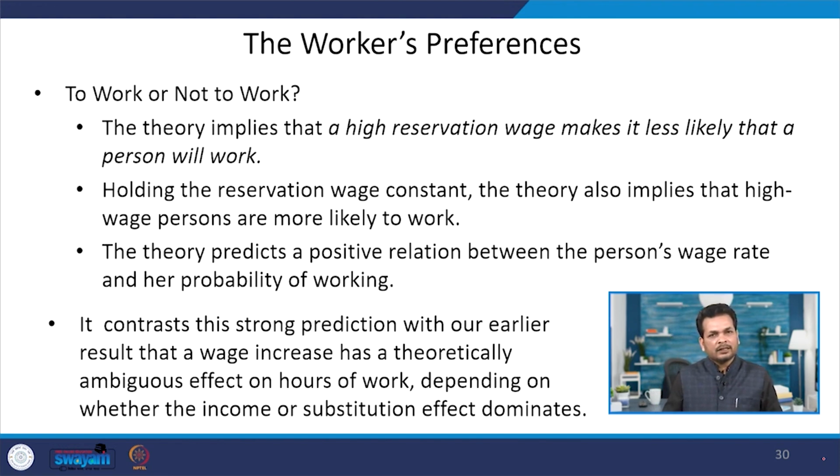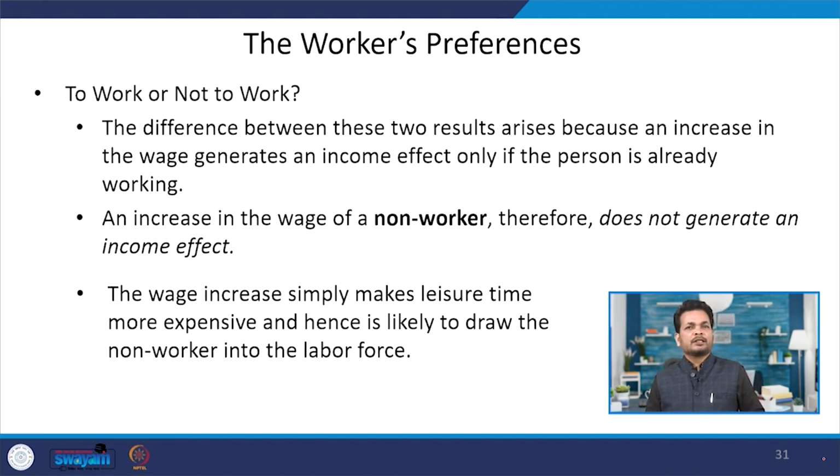However, it contrasts this strong prediction with our earlier results that a wage increase has a theoretically ambiguous effect on hours of work, depending on whether the income or substitution effect dominates. The difference between these two results arises because an increase in the wage generates an income effect only if the worker is working.